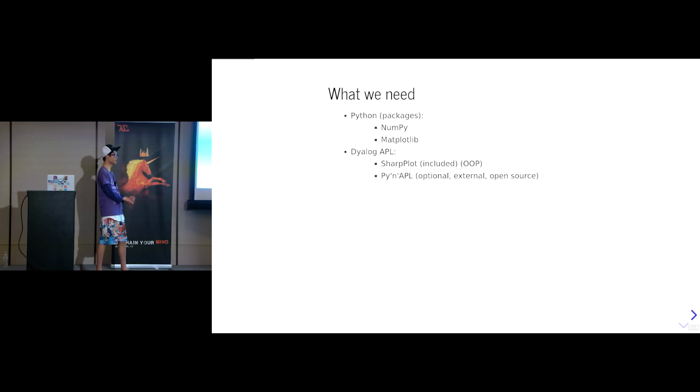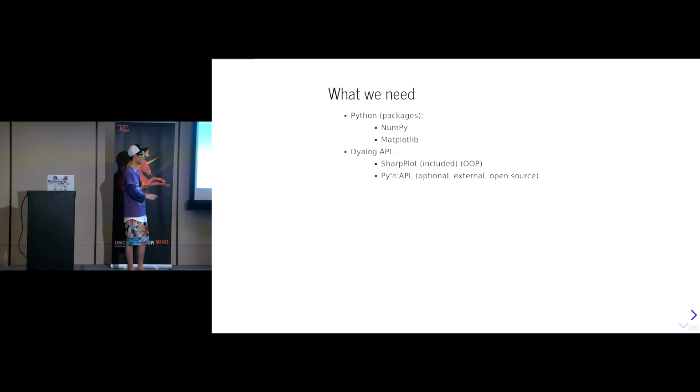So what are our dependencies? On the Python side, we have the packages NumPy, and matplotlib for plotting. On the APL side, we have SharpPlot. That's a graphics library that ships with the Dyalog installation.